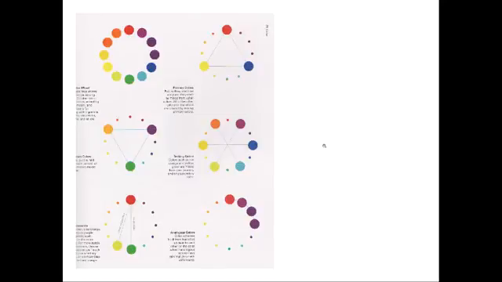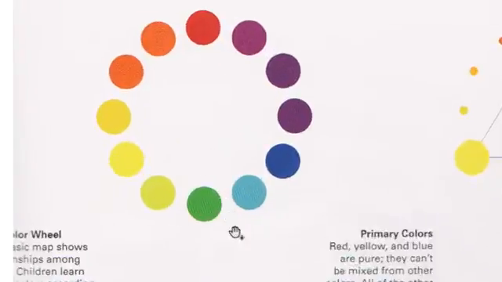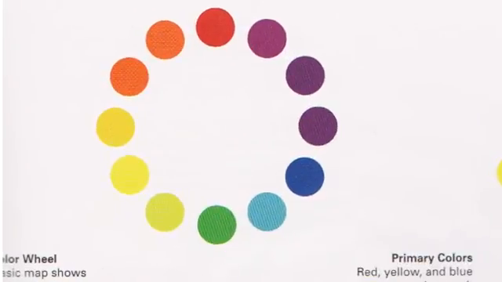What I'm saying is that this wheel of color, people didn't just make this stuff up. This is the electromagnetic spectrum folded into a circle. That complementary color stuff is a physiological phenomenon.